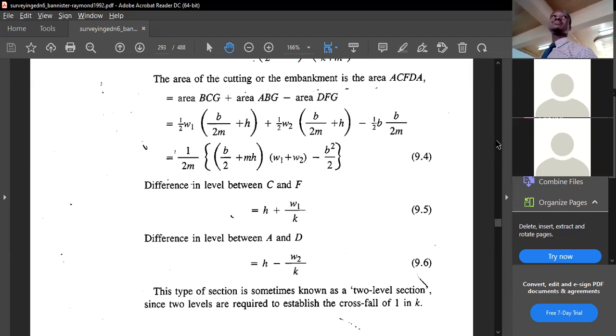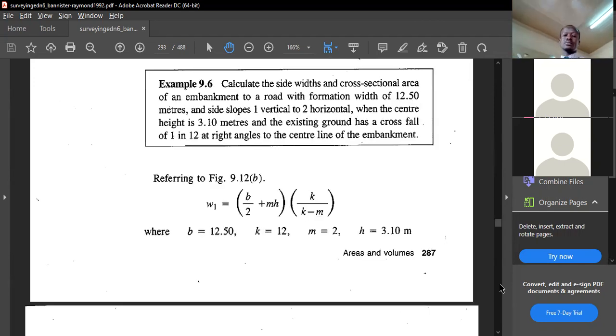Anyway, this is the area. Now, I'm not going to ask you to derive it. All you need to do is remember it and then use it.